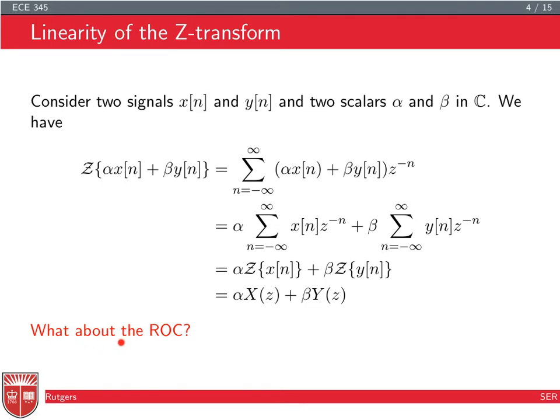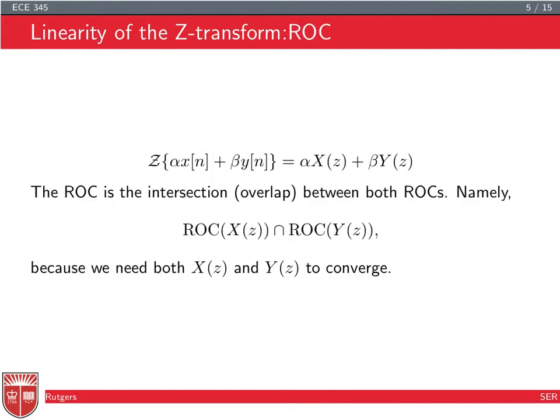What we still need to talk about is what the ROC of this Z-transform is, as a function of the ROC of x of n and the ROC of y of n. So the question now is, how can we find the ROC of a weighted sum of signals, alpha x of n plus beta y of n? When does its Z-transform converge?